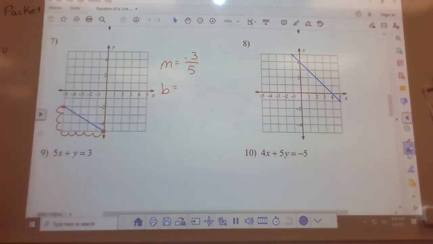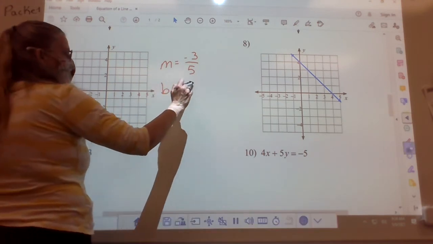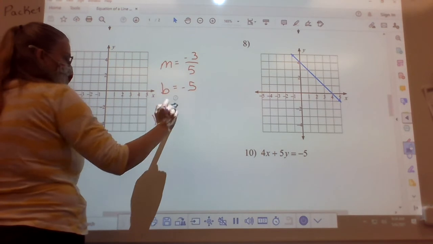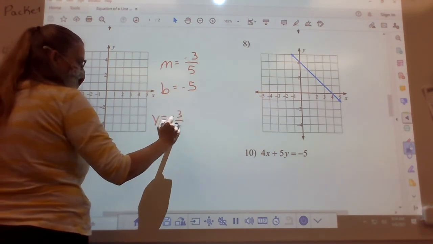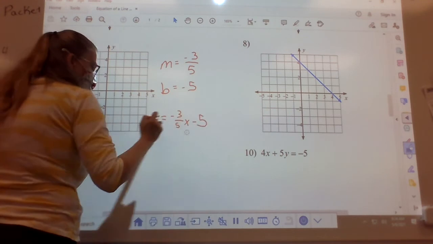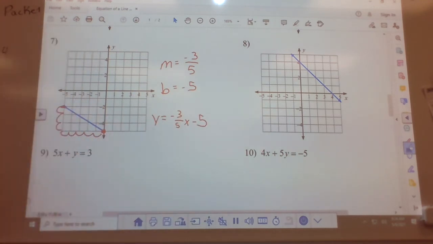My y-intercept is where it crosses the y-axis, which is at 5. Make sure you get the negative in there. -5. And then you just write y equals m, -3 fifths, x. It's a -5 this time, so -5. Y equals mx plus b.